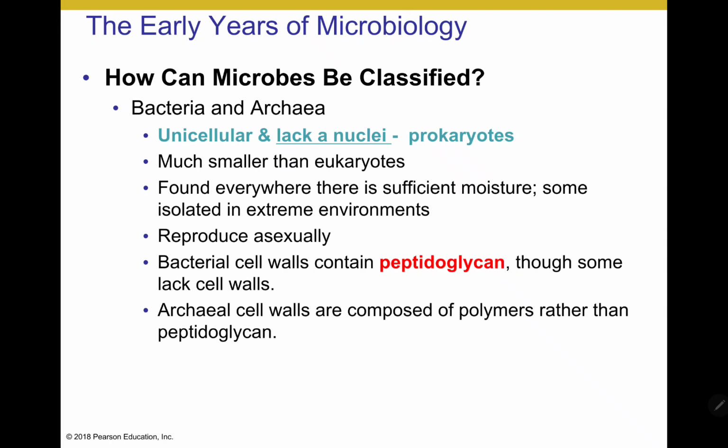So, how do we classify microbes? When we look at bacteria and archaea, these are unicellular, okay? The whole organism is just one cell. And they also lack a nucleus. If they lack a nucleus, they're described as prokaryotes, right?